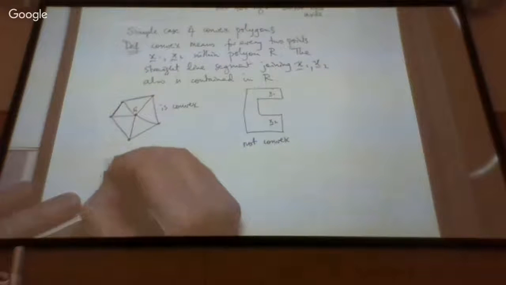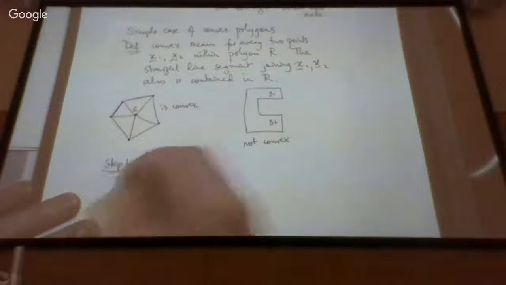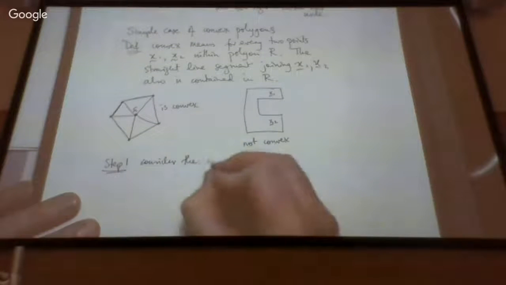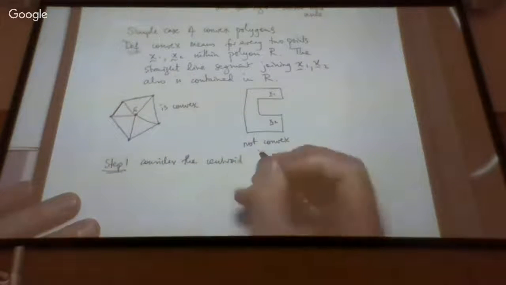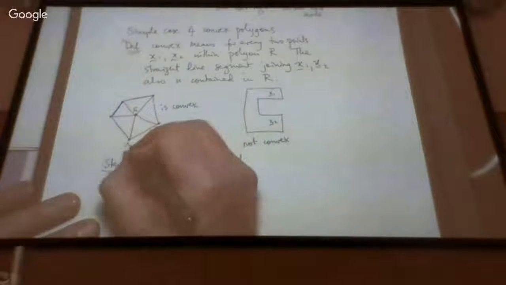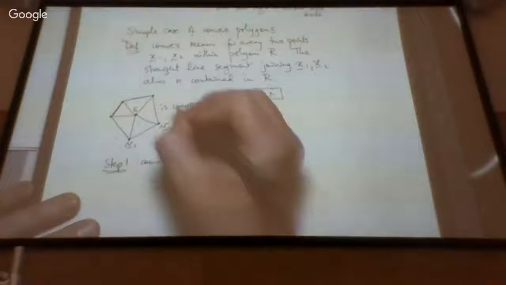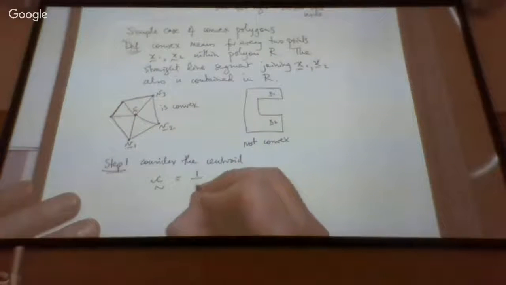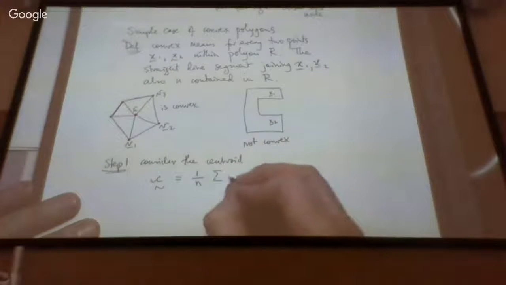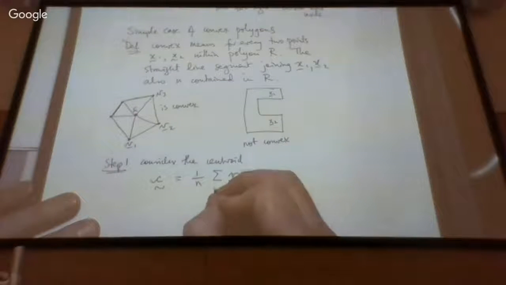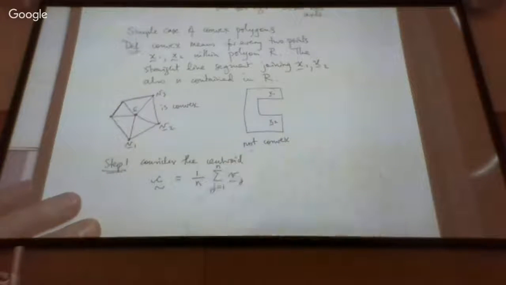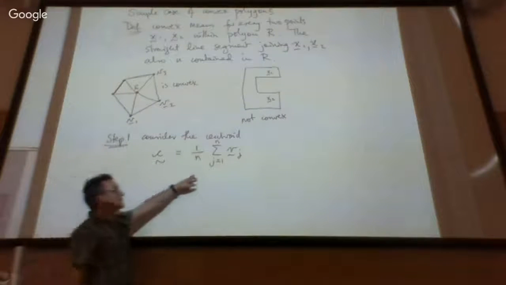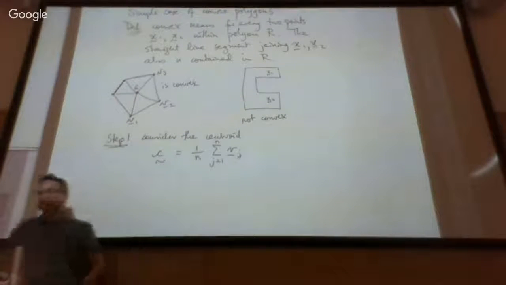So step one is consider the centroid C. Now if these vertices are V1, V2, V3, and so on, the centroid C is 1 over n times the sum of the vertices. It's just the arithmetic mean of the vertices.